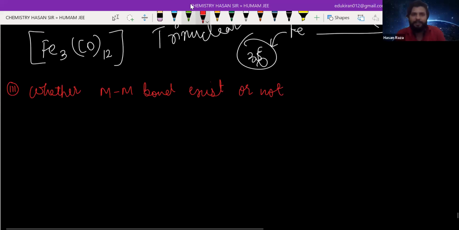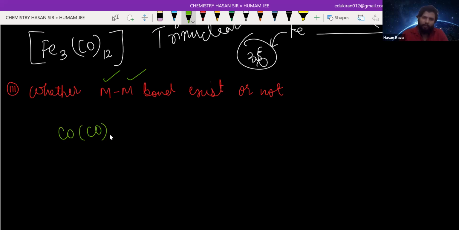Now, the third application, whether an M-M bond, that means a central metal bond, will exist or not. So very simple it is. If I give you Co2(CO)8, this is cobalt, small o, and these are capital. So you know the EAN that you got is 35.